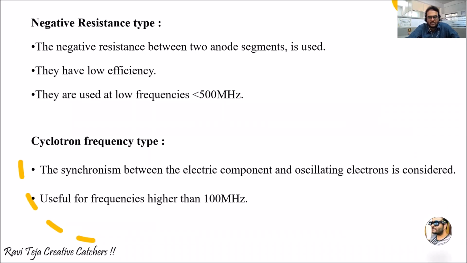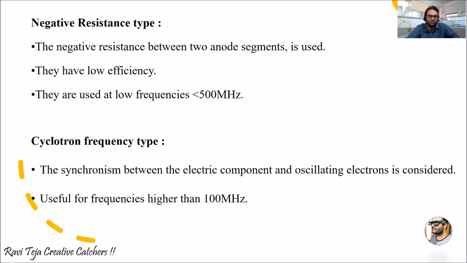A negative resistance type means the negative resistance between the two anode segments is considered and used. But it has a very low frequency, less than 500 megahertz. Due to this low frequency, it is not much used in magnetrons.